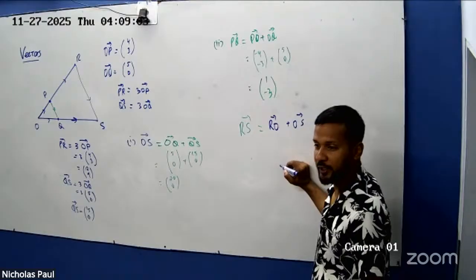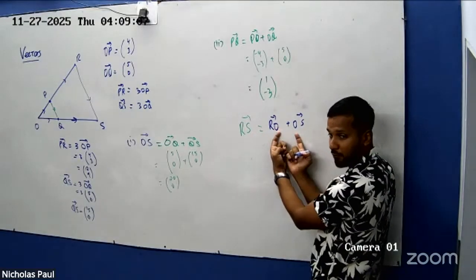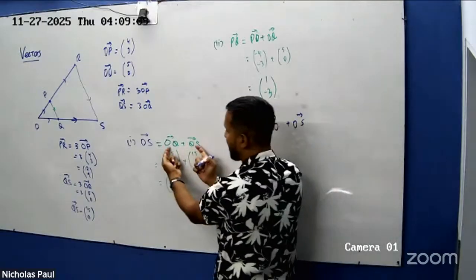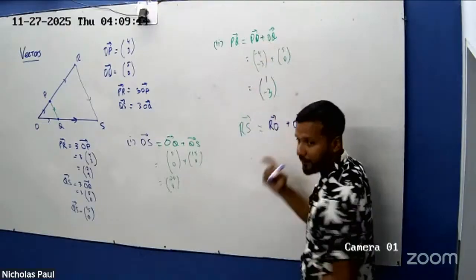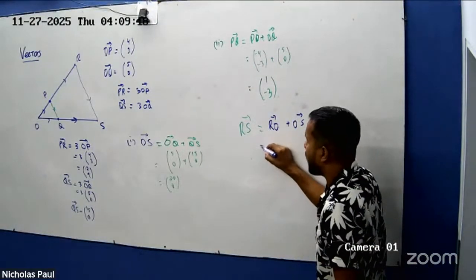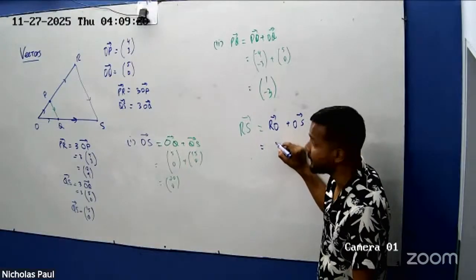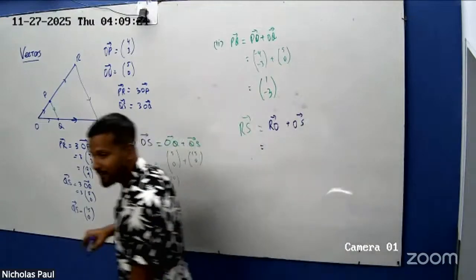You can always think of it like this: split them up and put the same letter in the middle. It should always look like that. What is RO? We don't know RO, but we found OS. So we'll come back right here and find RO.